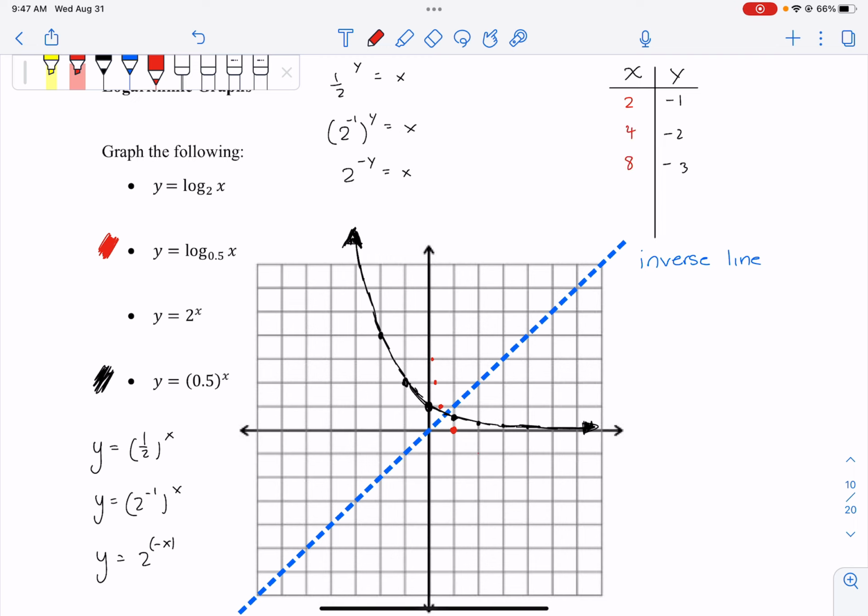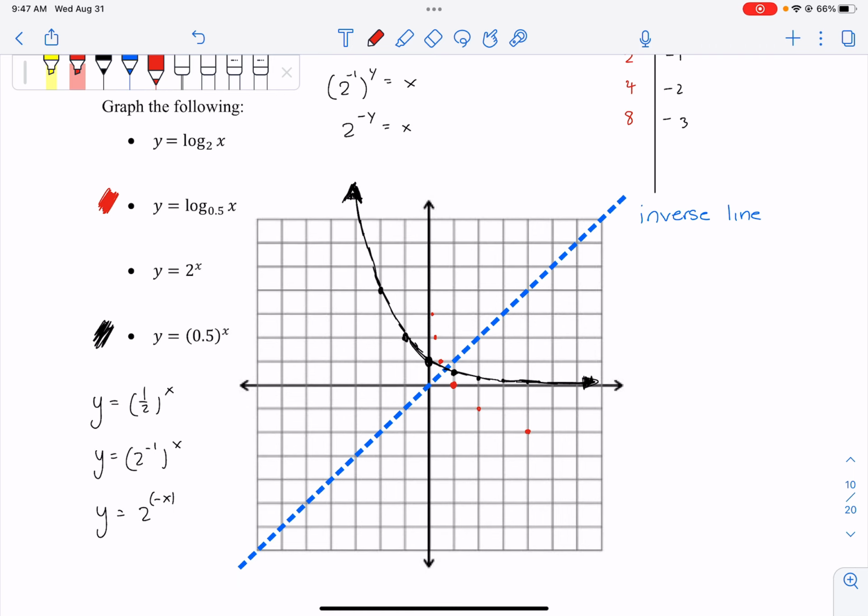So 2, negative 1, 4, negative 2, and negative 3, 8, negative 3. So somewhere here. And if we notice, these two functions are inverses of each other because all the points are flipped across that inverse line.